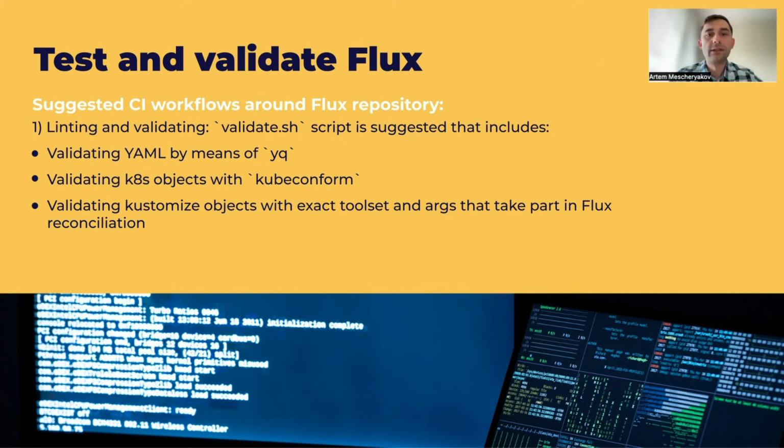So first of all, linting and validating is done by means of the validate.sh script that includes validating YAML syntax by yq, Kubernetes objects by kubeconform, a popular tool to do that, and also validating kustomize structures. And this script includes the exact version and exact arguments which the Flux controller uses under the hood. So it is important, because if you just use the raw kustomize tool, it will be different from what is actually applied.